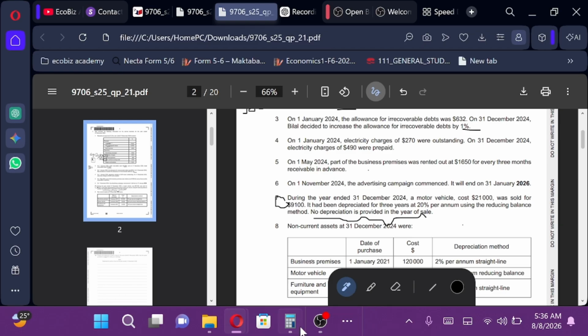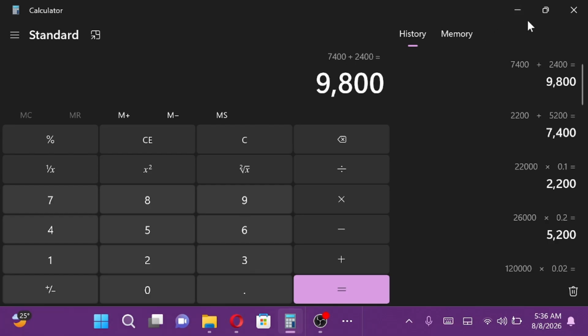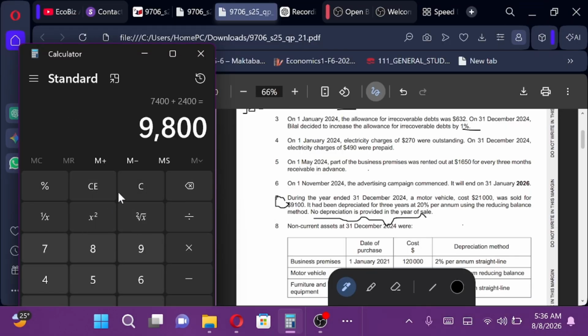So to find the amount that we received for this year, we're going to take 2, which is November and December, divide by the total amount of months that we're given in this question. So let's count. 1st of November, December, January, February, March, this is 2025, April, May, June, July, August, September, October, November, December. Now, 2026, we have 31st of January.